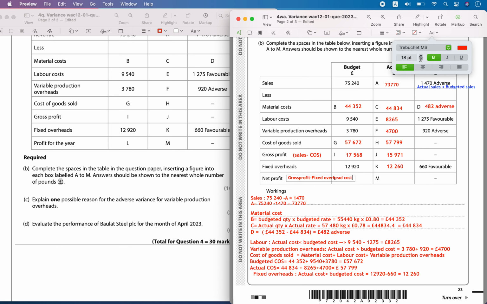So gross profit minus the fixed overhead cost I will have to do, that is my net profit. So the gross profit is 17,568 minus 12,920, it is 4,648.